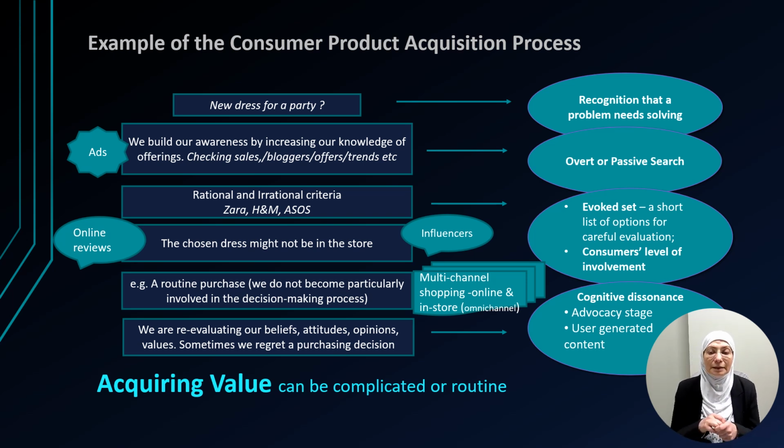Now, in reality, for some purchases, we don't go through all that process. They are routine, like the same toothpaste, the same milk, it's just milk. Maybe it's not the same, but it's whatever from wherever, whole meal or whole milk or semi-skimmed, etc. And that's it.